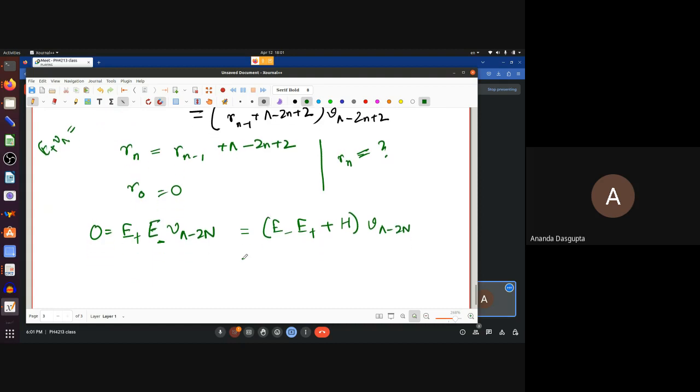And E minus E plus acting on this will be R capital N times V lambda minus 2N. Is that okay? R capital N when E plus acts, and then another one when E minus acts, but this comes back.